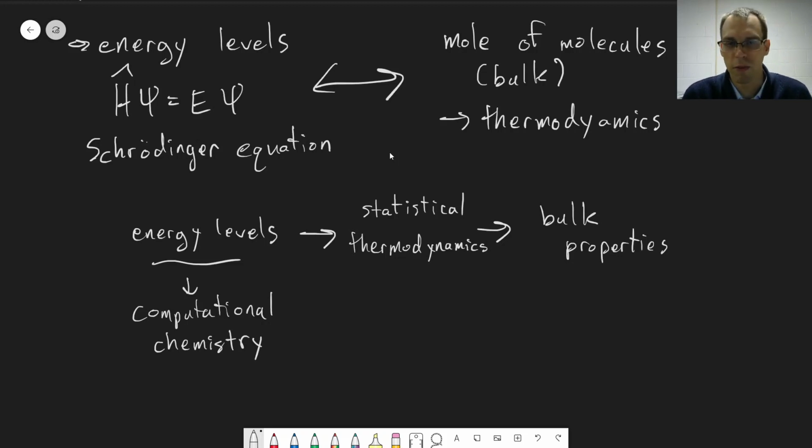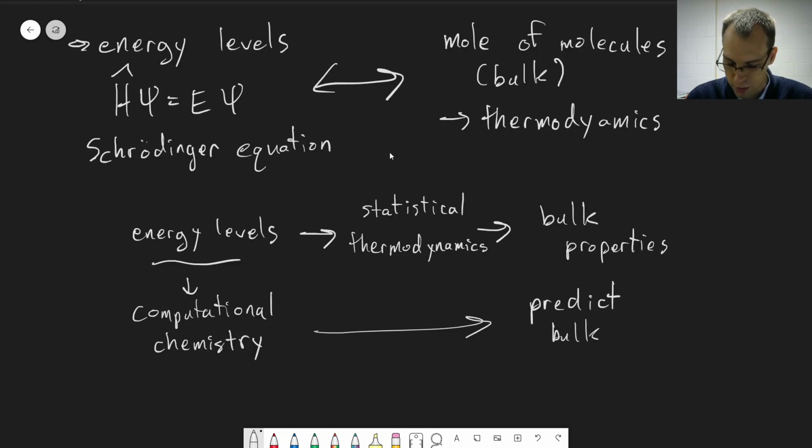It would be wonderful to take those computed values, or things that we measure via spectroscopy or similar methods where we can measure the energy levels, and use the results to predict bulk properties. So that's one of the major advantages of statistical thermodynamics: we can take these individual computations or measurements to predict bulk behavior.